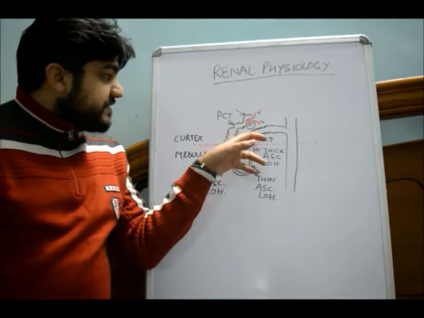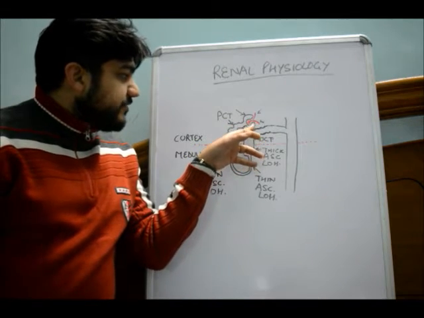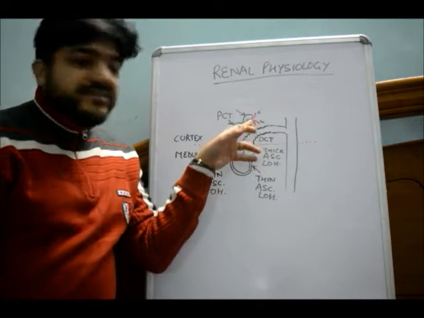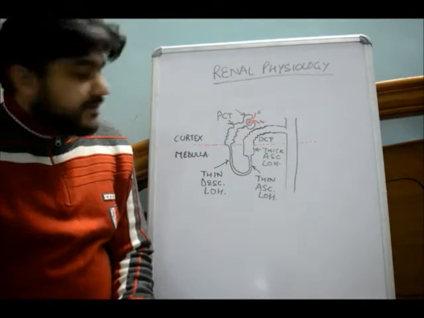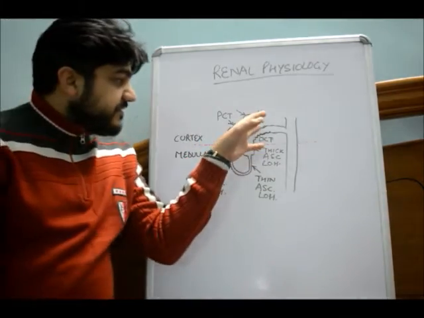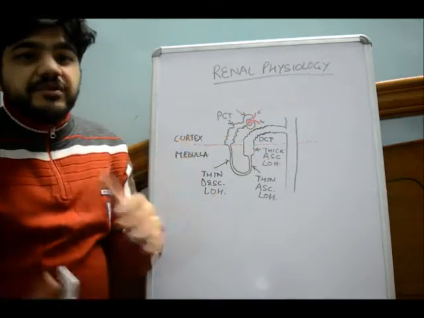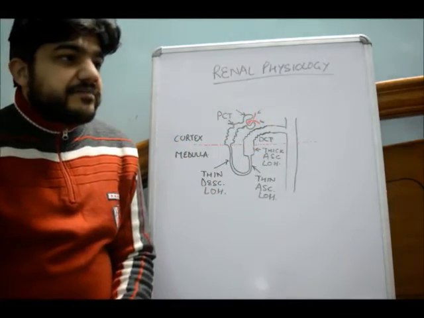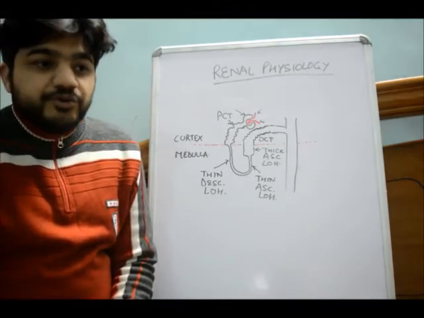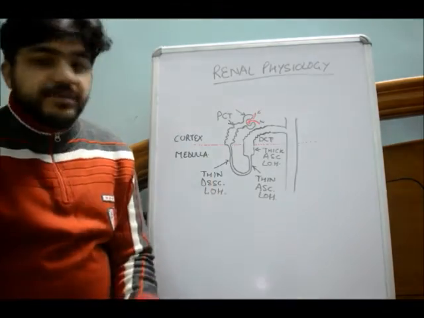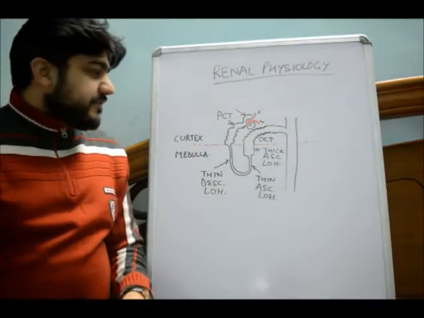It is important to mention that this DCT moves in close proximity to the same Bowman's capsule, and this is responsible for one feedback mechanism, what we call TGF, or tubuloglomerular feedback. That will be discussed later on.